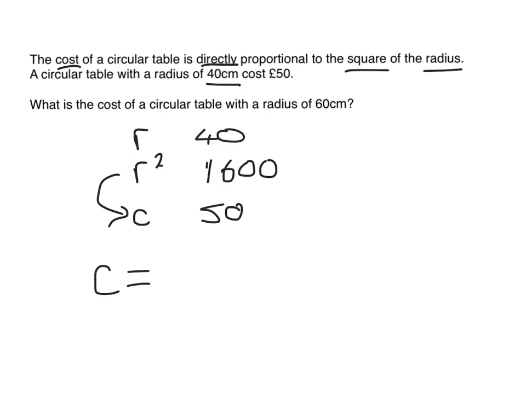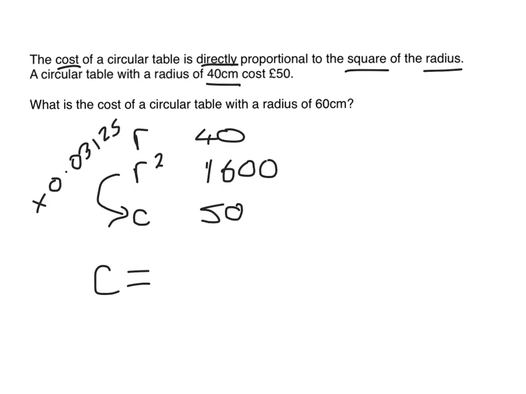So if we do it backwards, 50 divided by 1,600 is, we're timesing by 0.03125.